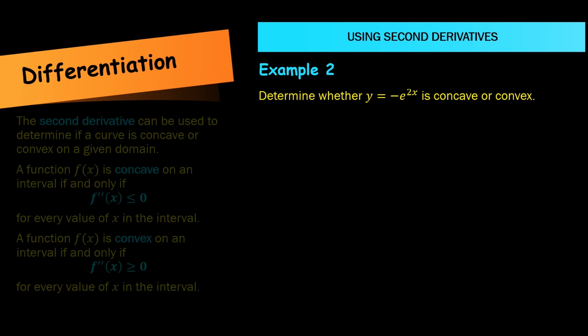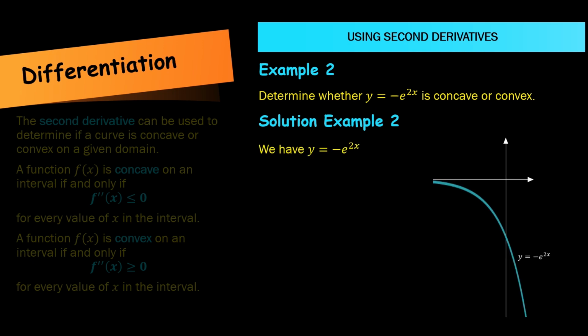In this example, we're required to determine whether y equals minus e to the power 2x is concave or convex. So let's solve this. Here's a sketch of y equals minus e to the power 2x. We can, of course, find dy dx by differentiating y to give us dy dx equals minus 2 times e to the power 2x.